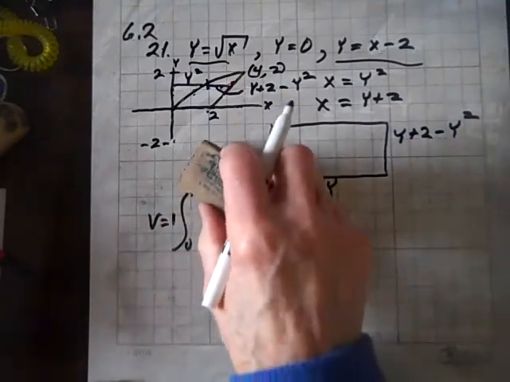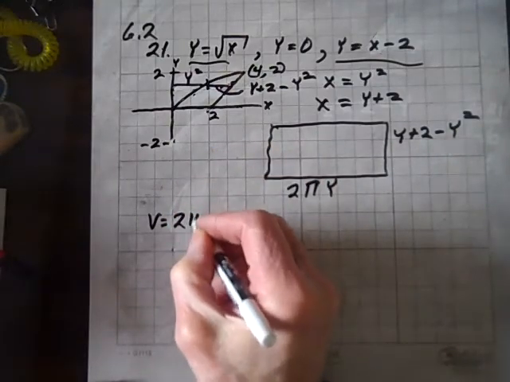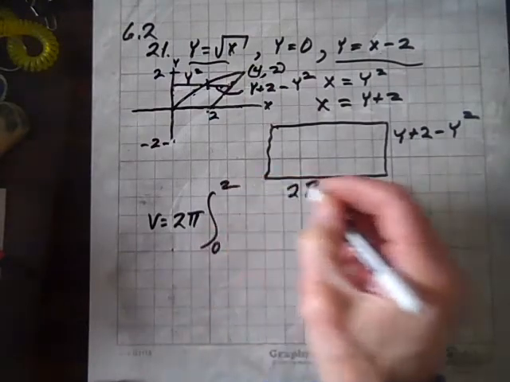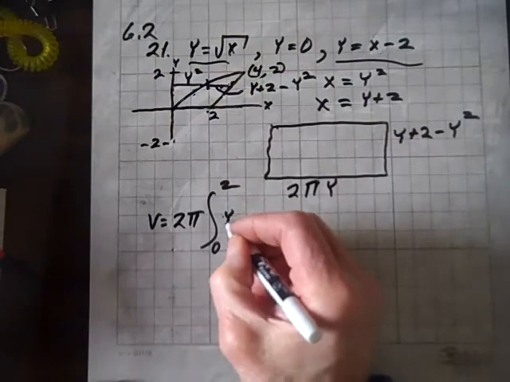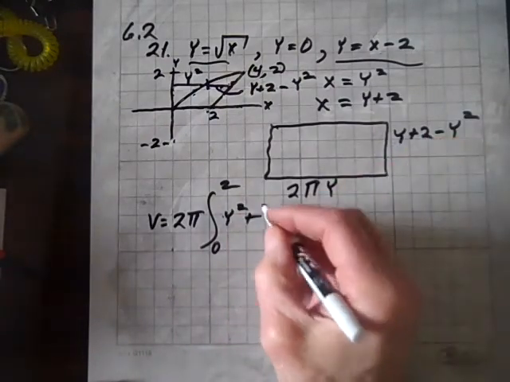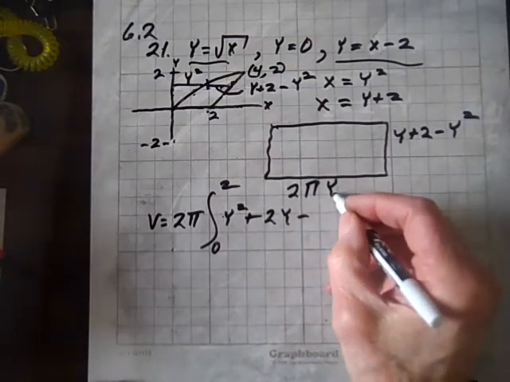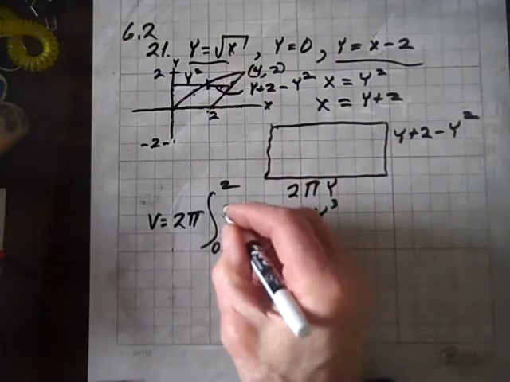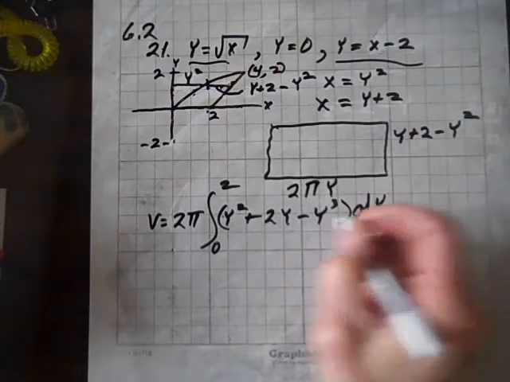I beg your pardon, we need a 2 pi. And from 0 to 2 of y times y is y squared, plus y times 2 is 2y, minus y times y squared is y cubed. And we'll put parentheses around that with respect to y.